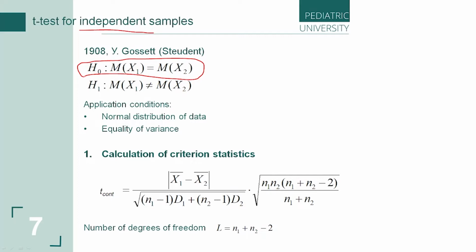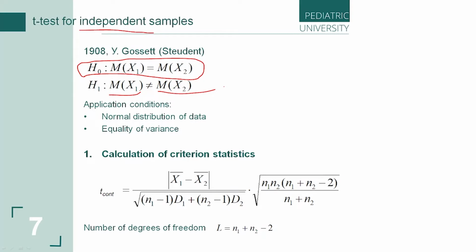The alternative hypothesis is the opposite: the mathematical expectations of x1 and x2 are not equal, and they differ significantly. Otherwise, we can say that the mean values in the populations are different.